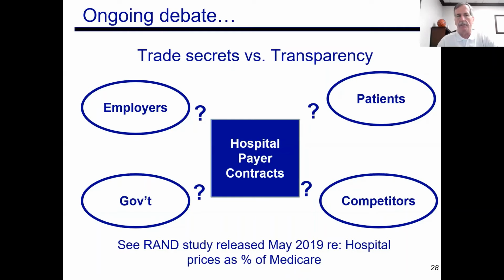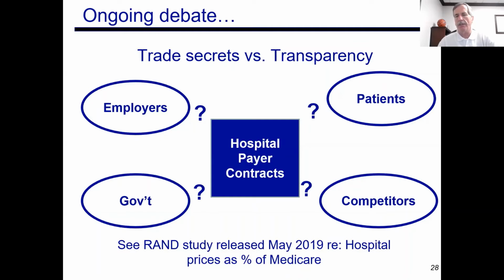And the Kaiser Family Foundation, KFF.org, just in the last couple of weeks came out with a similar review that I want to say said commercial rates or commercial payments were roughly 219% of what Medicare pays.